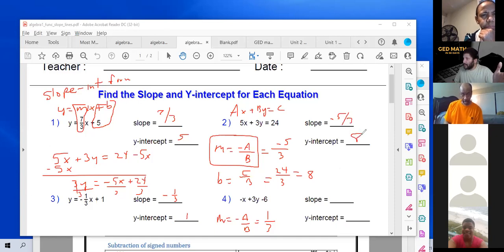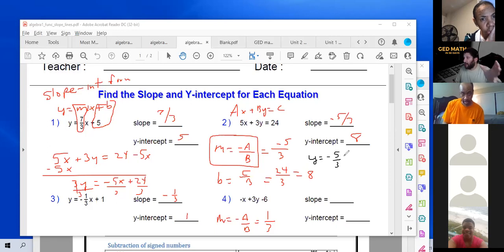My y-intercept is 8. If I want to change the form back to slope-intercept form, what would it be? Can anybody tell me? Y equals negative 5/3... 5/3 what?